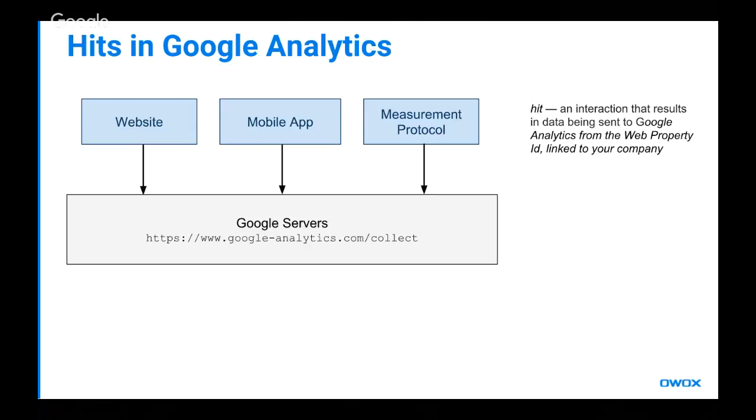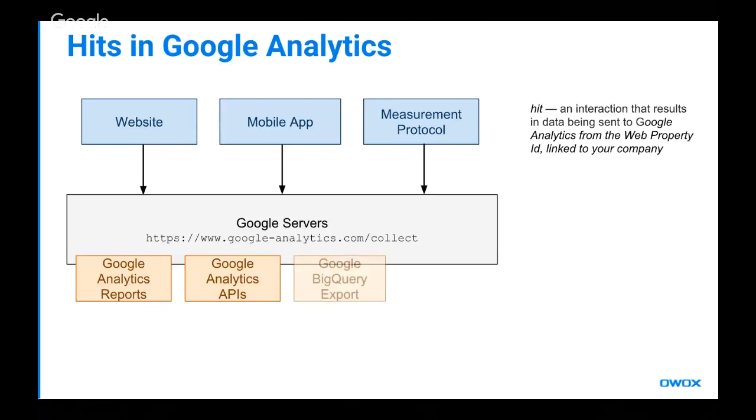So you will be able to see the number of hits collected in your account in Google Analytics reports by using custom reports. We will show later how it looks. You can also use the Google Analytics API to count the number of hits, or Google BigQuery export. And the last is to look at the number of your hits in the Google Analytics 360 Suite Home.